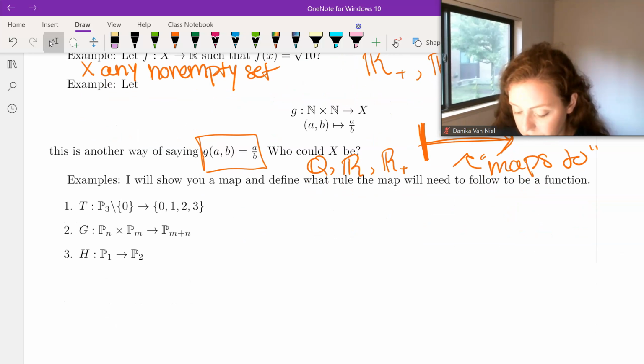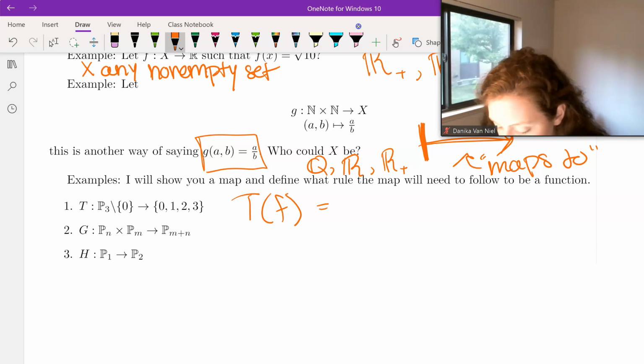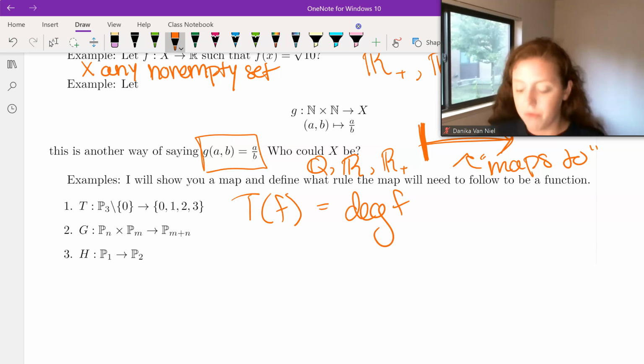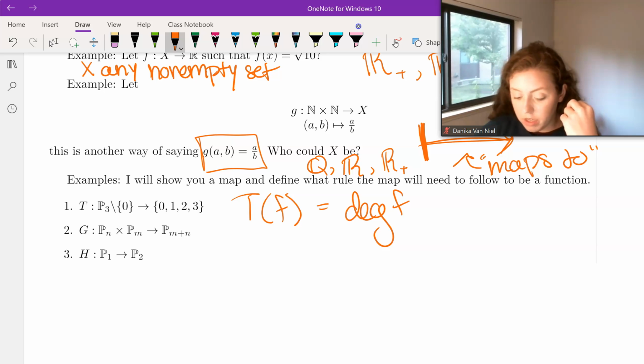Okay, so what we could do is define T of f equals the degree of f. So you take some polynomial from its domain and you just see what its degree is. And since we're in P3 minus 0, all of those functions are going to have degrees 0, 1, 2, or 3 by definition.